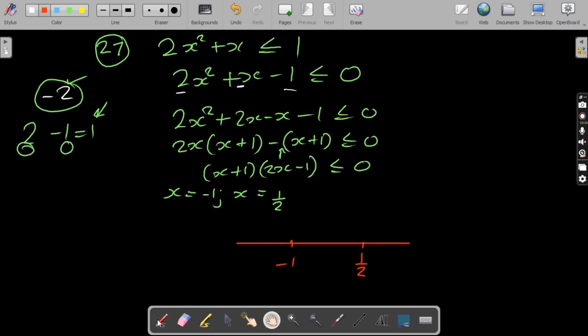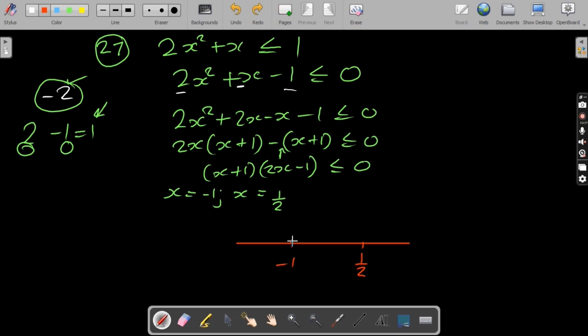Then we're going to find what the sign is for each of these sections. The first section is numbers which are less than minus 1. The next section is numbers between minus 1 and a half. The last section is numbers which are greater than a half.